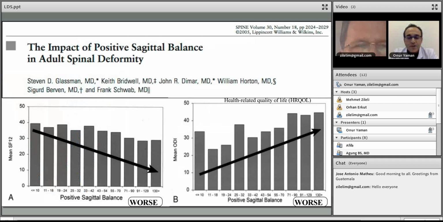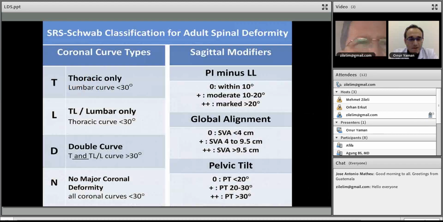If a patient has a positive SVA, it means that the health-related quality of life factors decrease in time. And in 2012 and after 2013, the SRS-Schwab classification was determined.